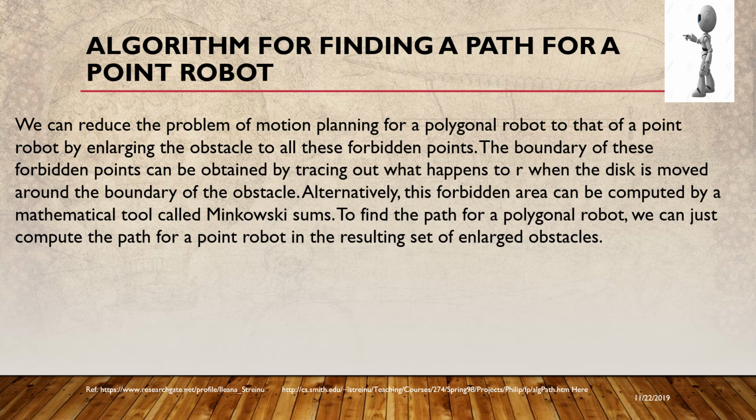The boundary of these forbidden points can be obtained by tracing out what happens to R when the disk is moved around the boundary of that obstacle. Alternatively, this forbidden area can be computed by a mathematical tool called the Minkowski sum, which we'll see in the next section, on how to use the Minkowski sum to find the path of our polygonal robot. We can then just compute the path for a point robot among the resulting set of large obstacles.